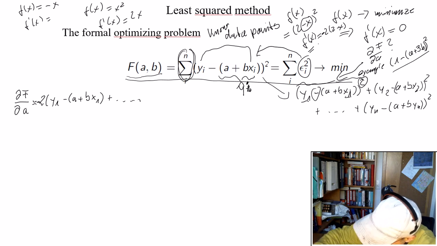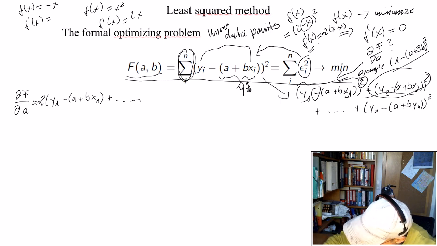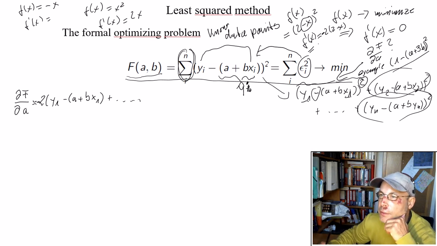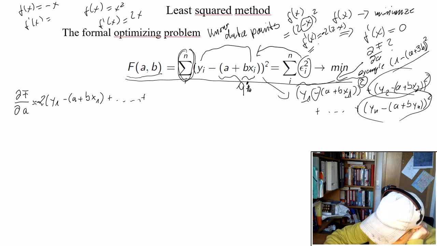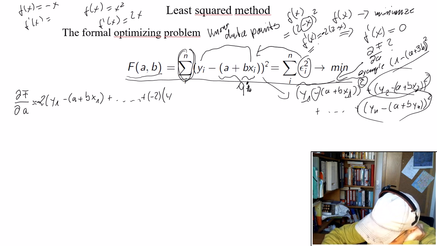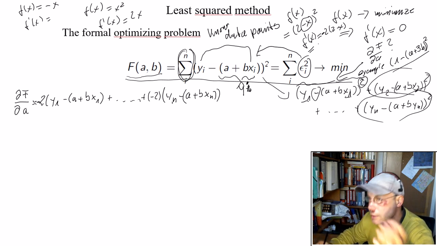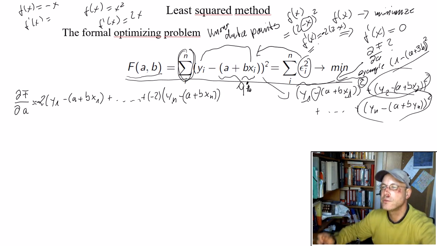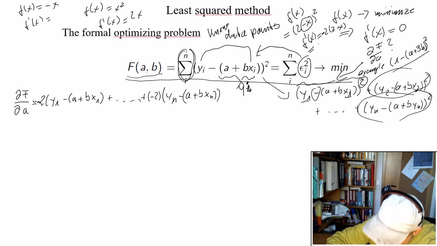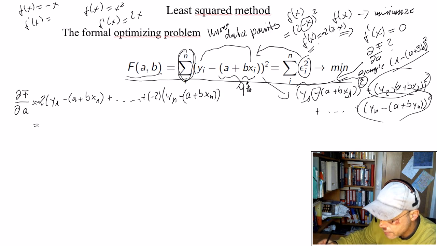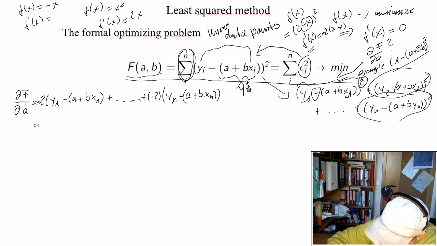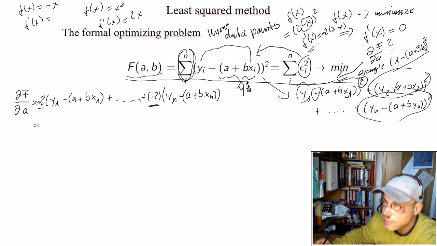And this, of course, we have to do for every part of our function. So plus -2 times yn minus (a plus b xn). And this, of course, we can then put together again with our summation sign. This then would mean we have at every part -2.